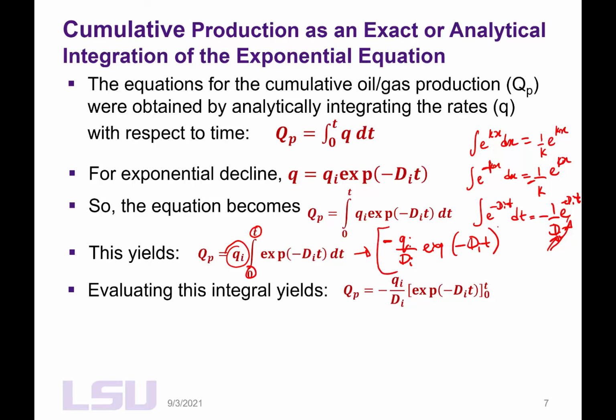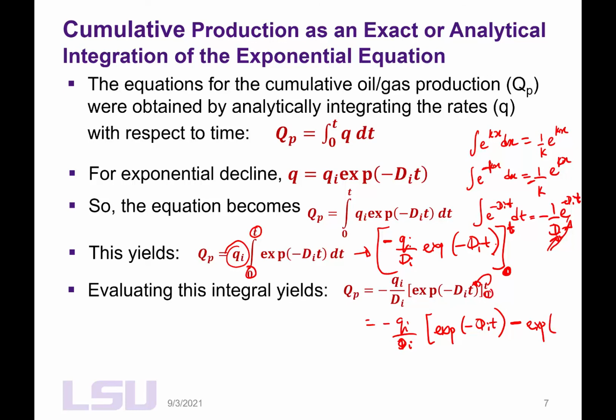So all of this has to be from 0 to t. So you will substitute t into this equation, get the result, and then minus that. So that will be minus Qi over Di, which is not a function of t, and then exponent of minus Di times t is the upper limit, minus the same thing.